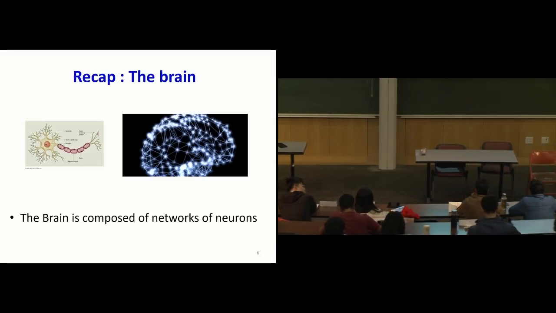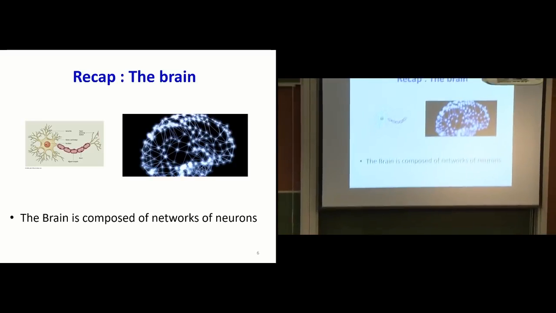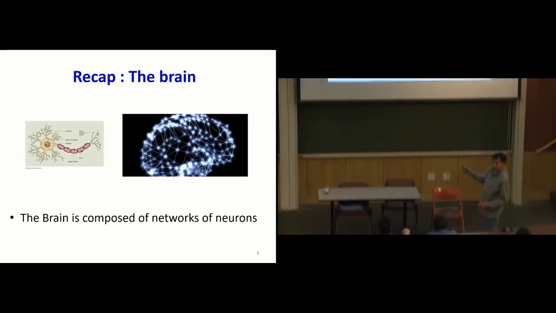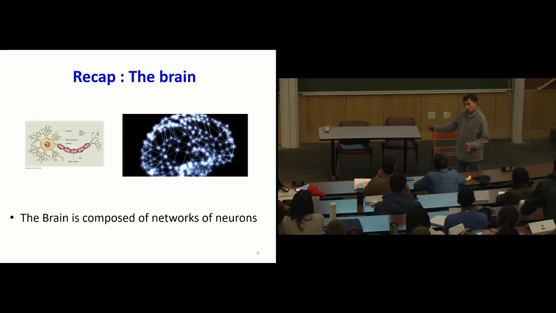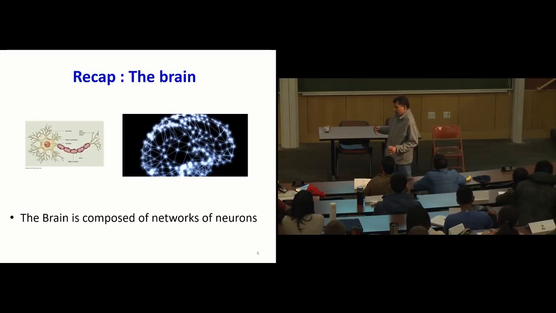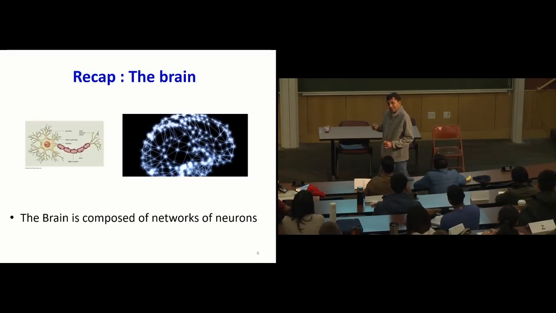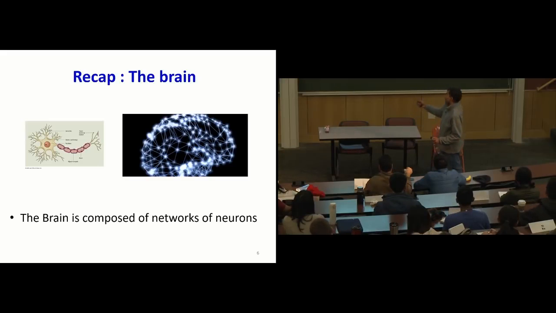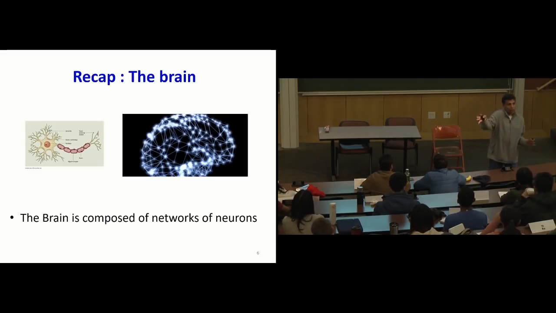Now, each of those neurons has this structure. You have all of these structures at the end, the dendrites, through which they get signals from other neurons. If the total signal exceeds the threshold, this neuron fires that signal down the axon out to other neurons, where it feeds other.